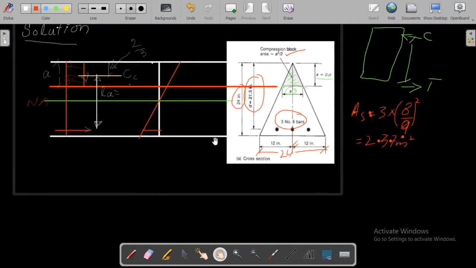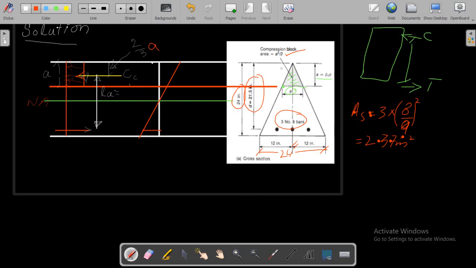And we know all the data, right? So here we see the stress distribution. This is the equivalent rectangular block of the stress. The total depth is a, which is right here, and now this is a triangular shape. In the triangular shape, we all know the centroid of a triangle lies at a distance of 2/3 of a. This is very important to understand: it will be 2/3 of a from the top.